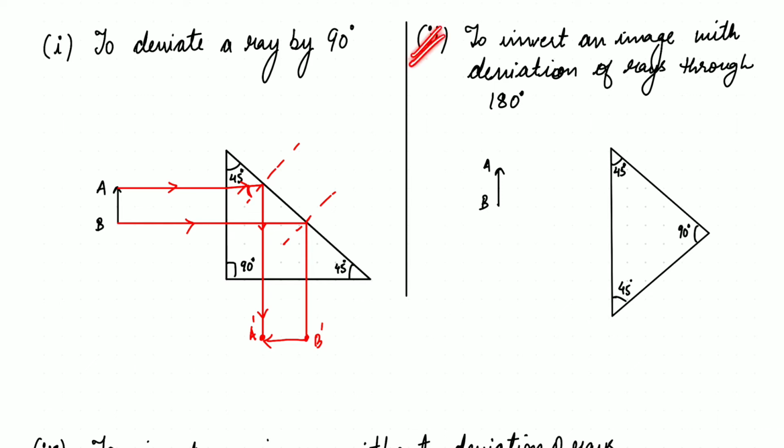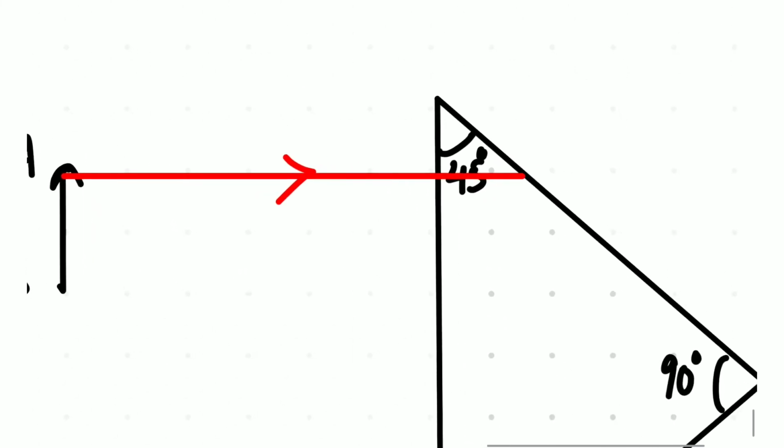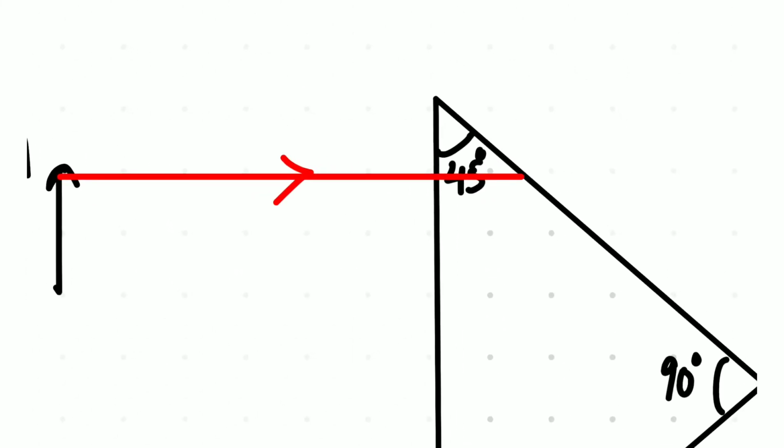Okay, great. Let's look at the other one: to invert an image with deviation of rays through 180 degrees. So you want to invert the image. Let's see how we can do that. Your rays will go inside, and again the same story is going to happen.